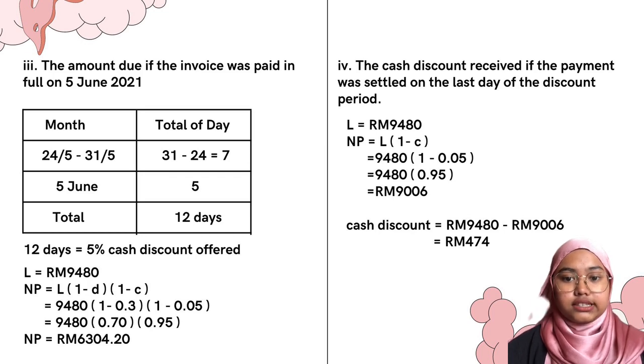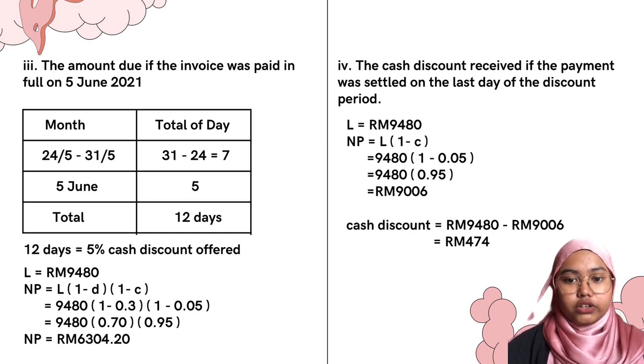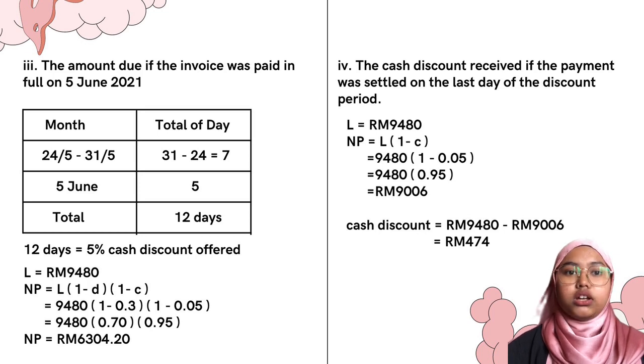The last question is the cash discount received if the payment was settled on the last day of the discount period. For this question, we use the formula NP equals L times (1 minus C). L, 9,480 ringgit, times (1 minus 0.05), which is the 5% cash discount.